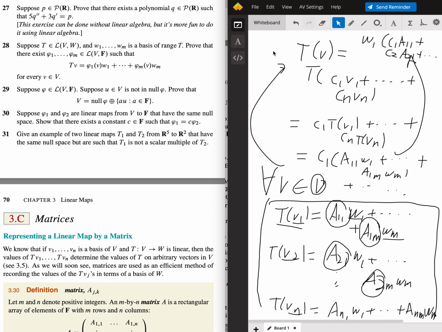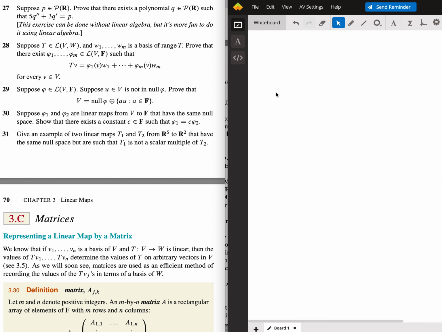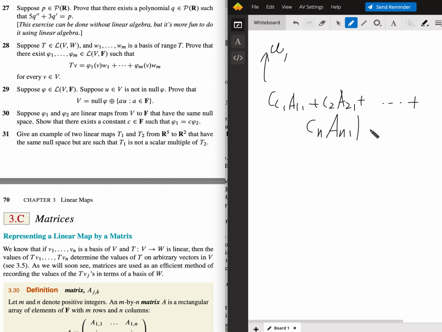So if you want to write down the concrete coefficients, what you could say is that what's in front of w1 is c1 times a11 plus c2 times a21 plus etc., plus cn times an1, and this is going to be equal to your phi1 of v, right?